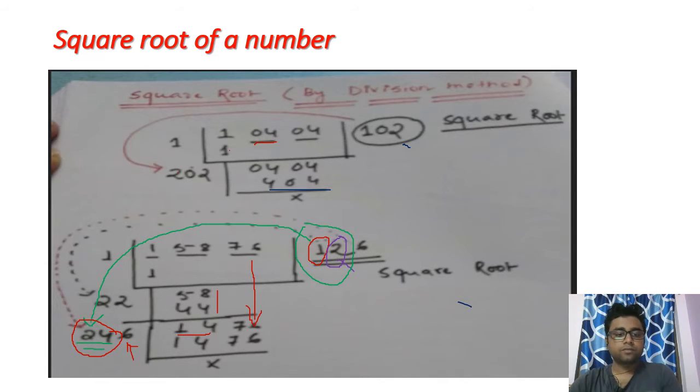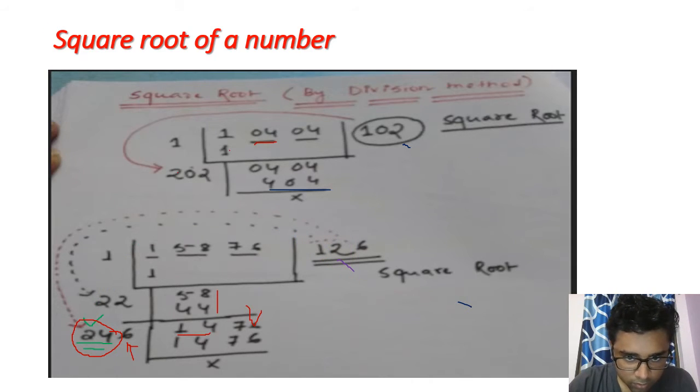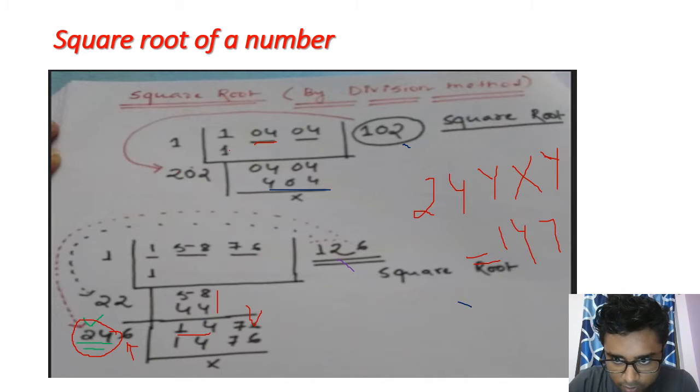Okay, now we have to put some number next to 24 so that if we multiply that with that number, we get 1476.